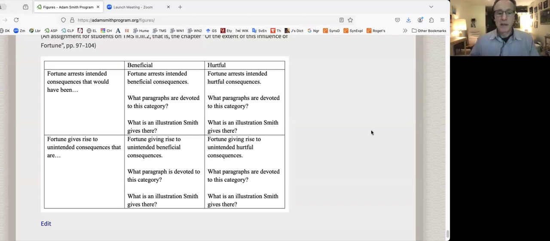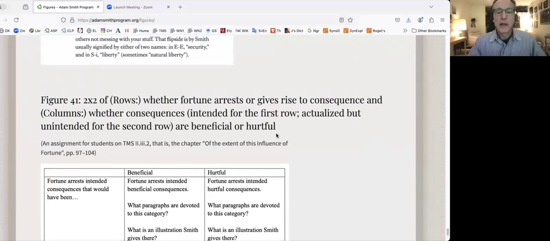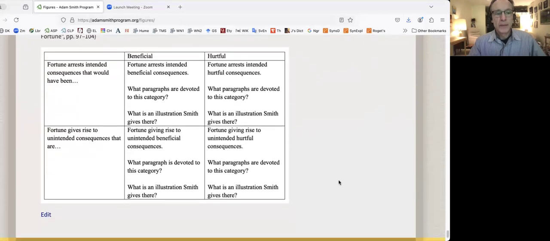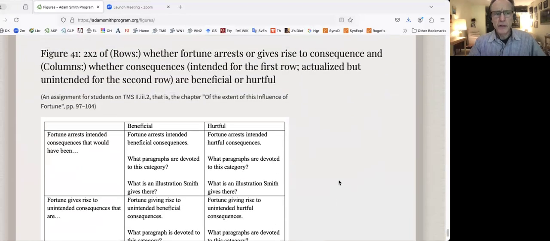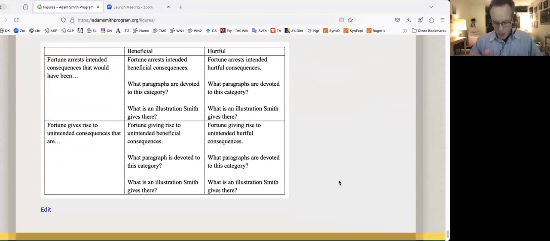You could think of this as a taxonomy of situations based on these two distinctions. I just wrote out the nature of these distinctions right here. I say I just did this because I just posted this to the figures page on the website. Again, this figure is not in your printed handout.